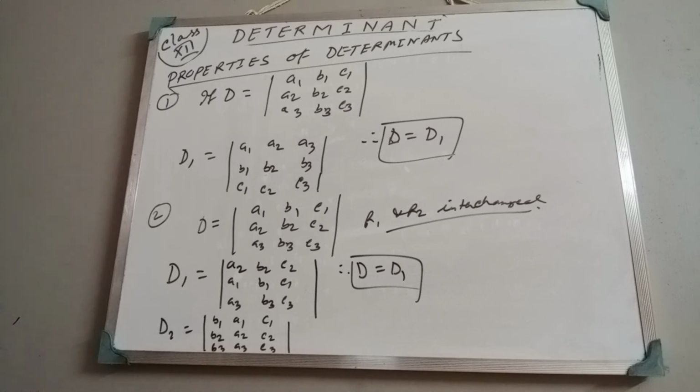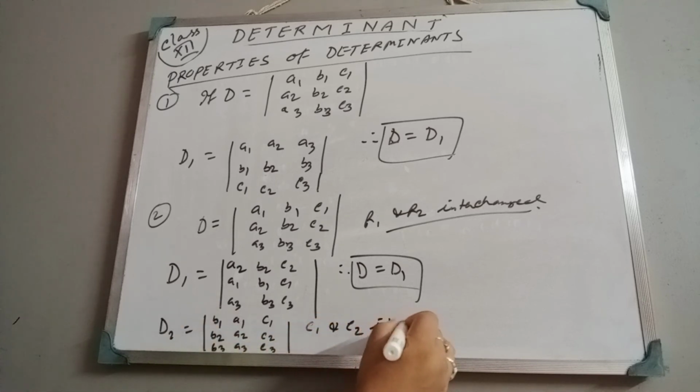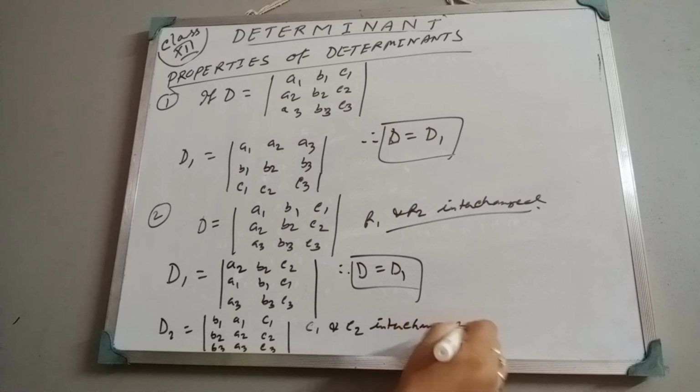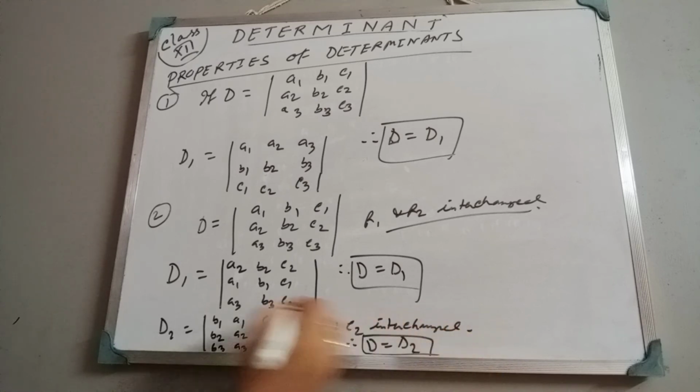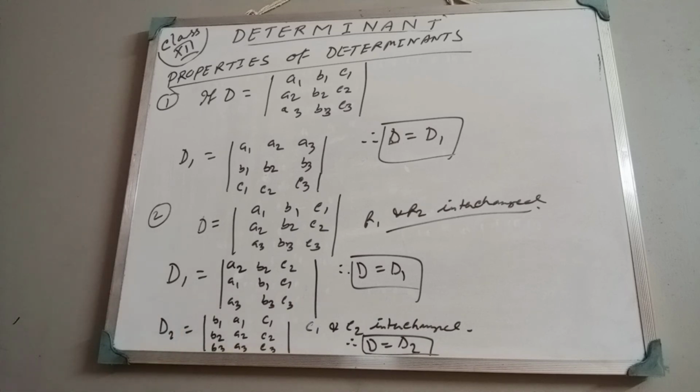Same thing, no problem. C2 and C3 interchange, and here C1 and C2 interchanged. So what we will write? D is equal to D2.